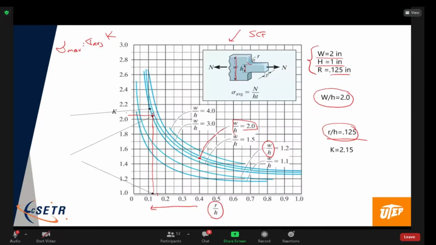Whoops. Wait, I don't know why I have 2.15. Am I doing this right? 0.125. This is 2.1. Yeah, this really should be like 2.05.